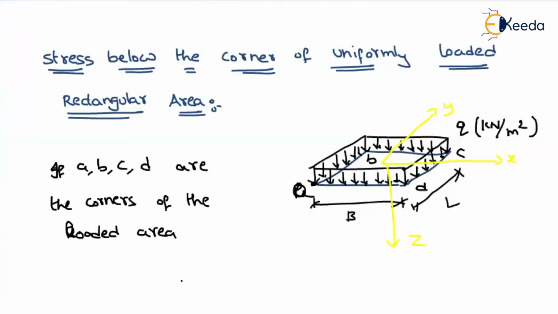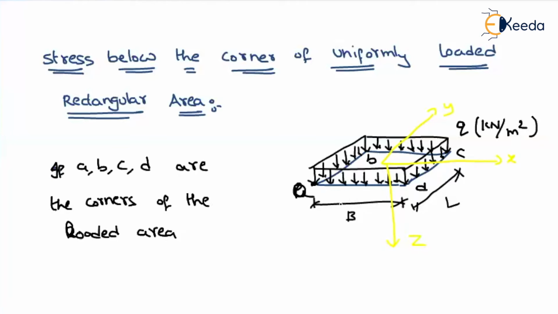By using the relations I am going to write down now, you will find the stress below point A, or below point B, or point C or D. That means you will find only the stress under the corners of a rectangular loaded area.